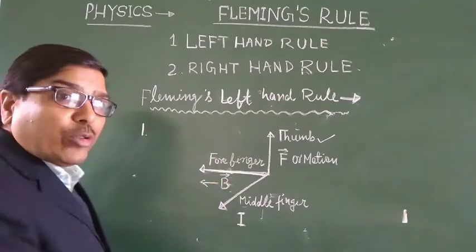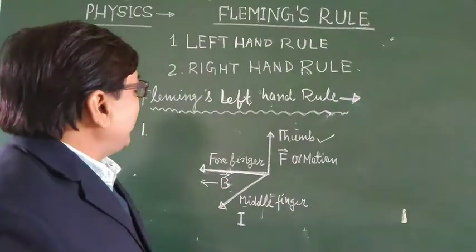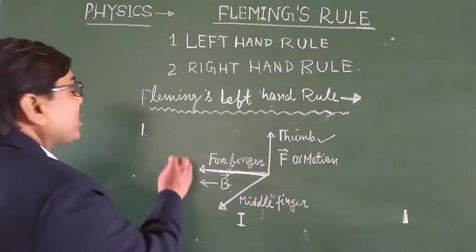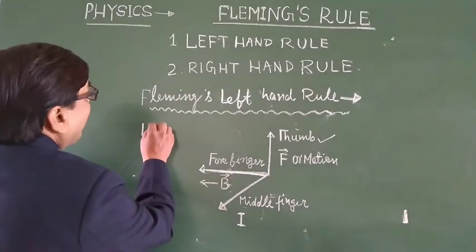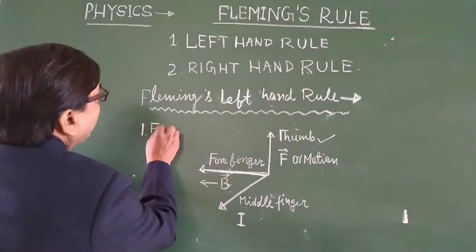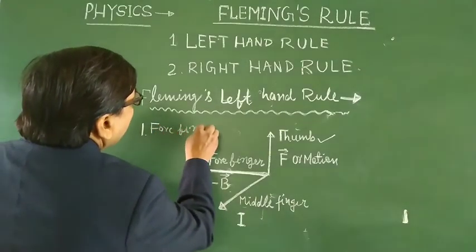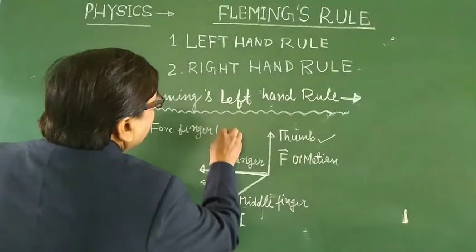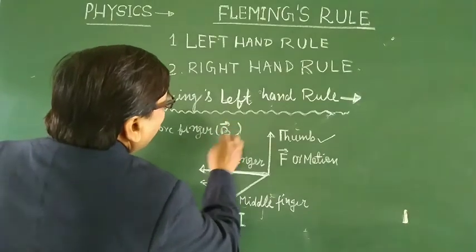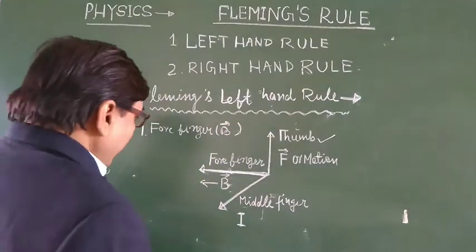Forefinger, it is also called index finger, first finger. So forefinger, what does it indicate? Forefinger indicates the direction of magnetic field.